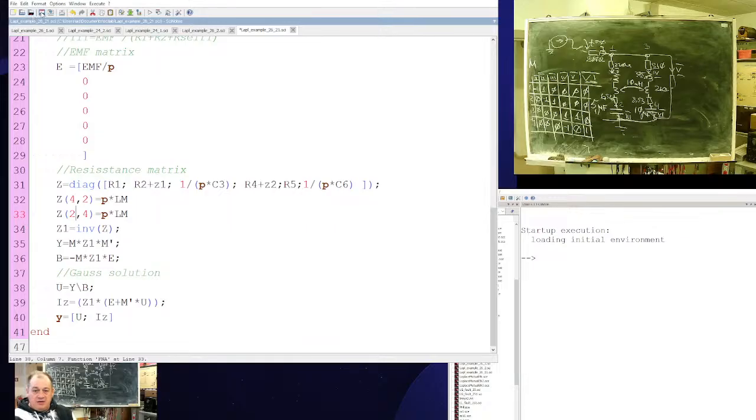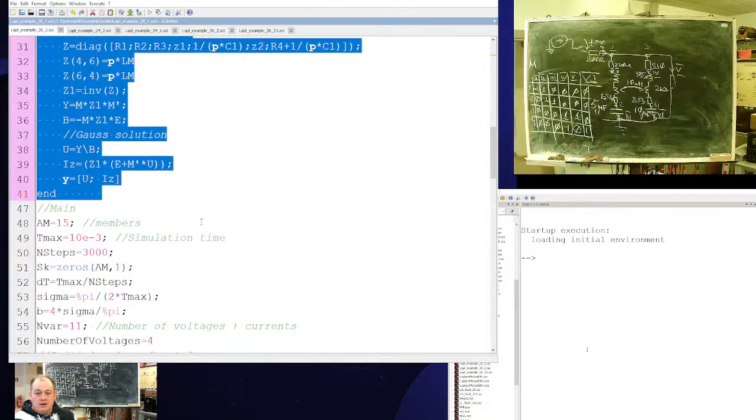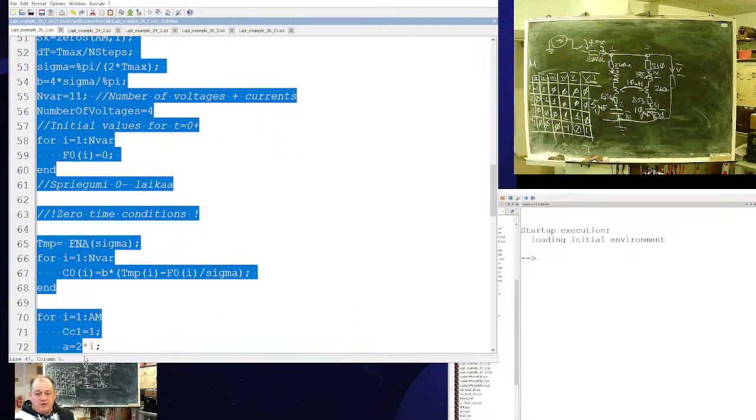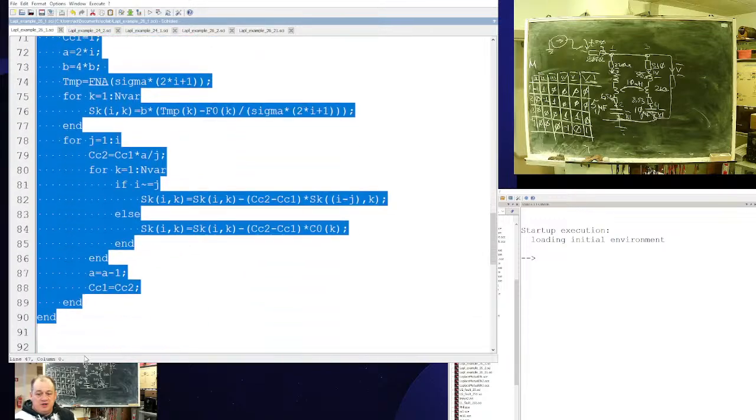I have my function. But a function for what? I need to use it. One moment. I will take this from yesterday myself.